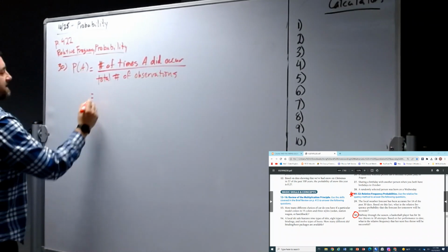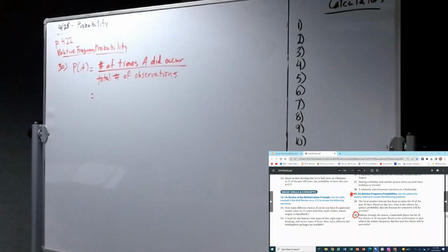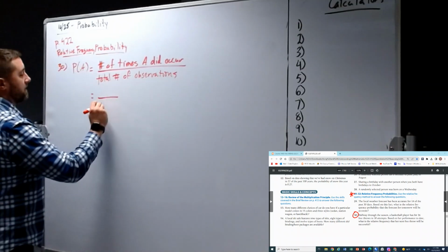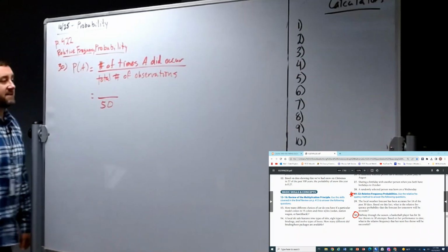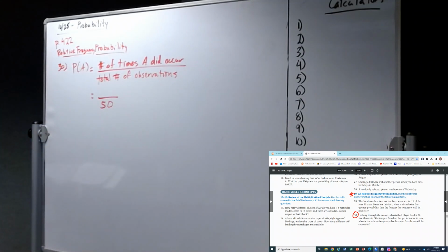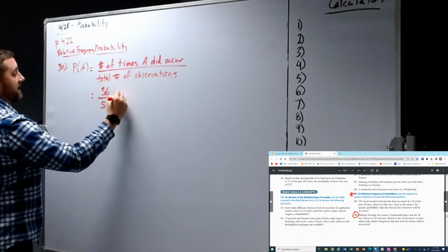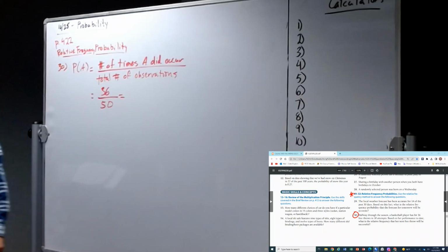So in this case, how many shots did she take on the goal? She took 50 shots at the goal. So that acts as the total number of observations. And then how many did she make? 36. Okay, so go ahead and see if that'll reduce. They're both even, so it should.